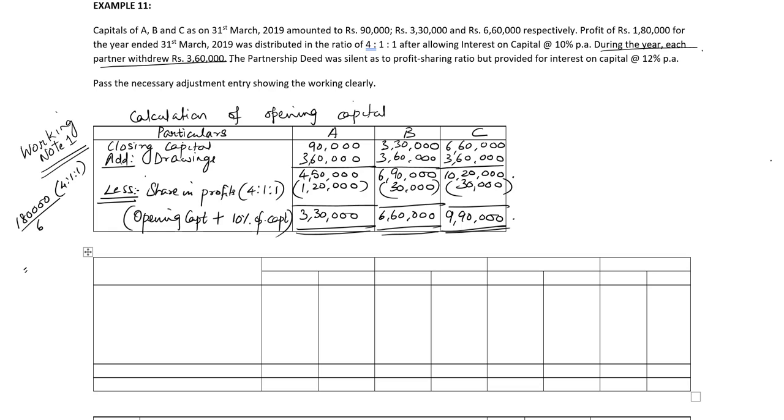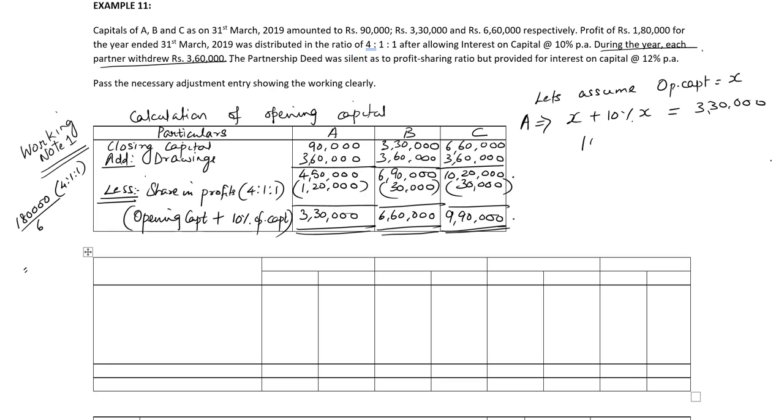So let's assume that the opening capital is equal to X. So for partner A, X plus 10% of X is equal to 3,30,000.